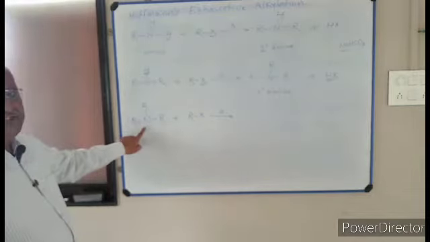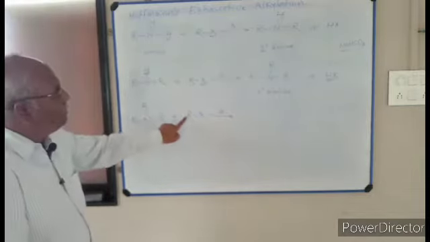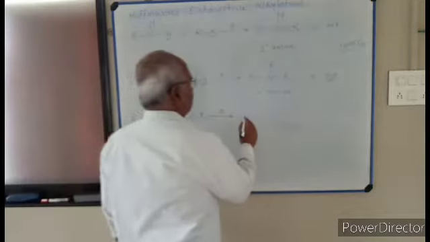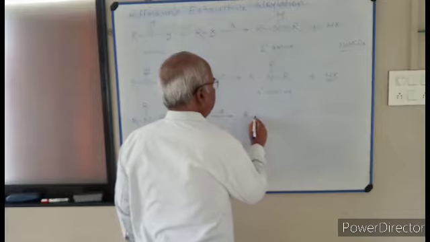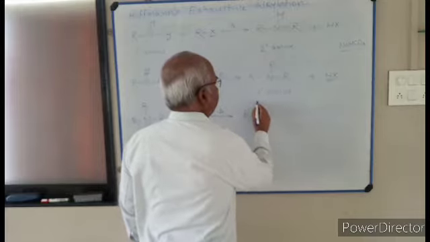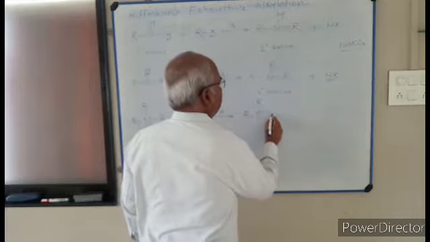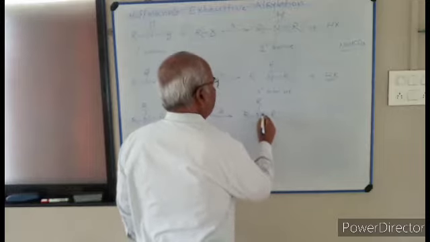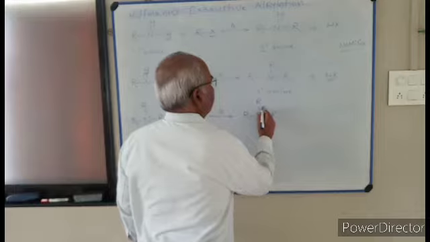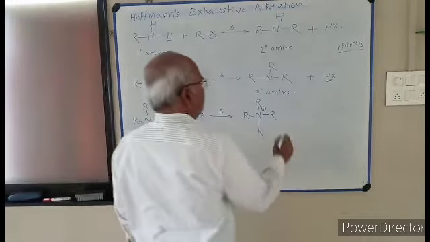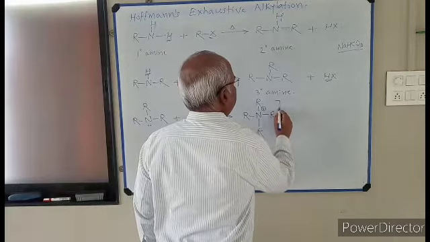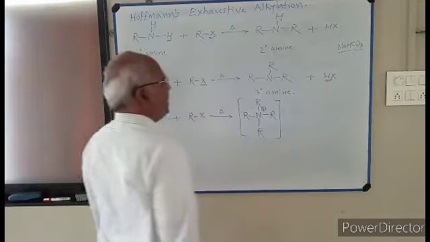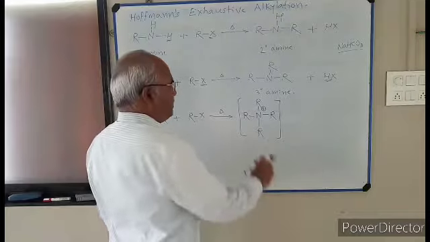Nitrogen donates its lone pair of electrons to this R. So the product is R-N(R)(R)-R, and nitrogen becomes positively charged. This is the tetraalkyl ammonium ion.